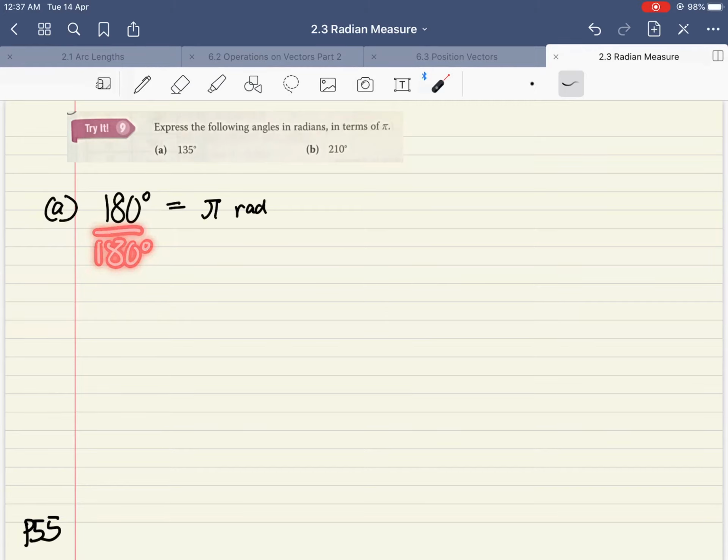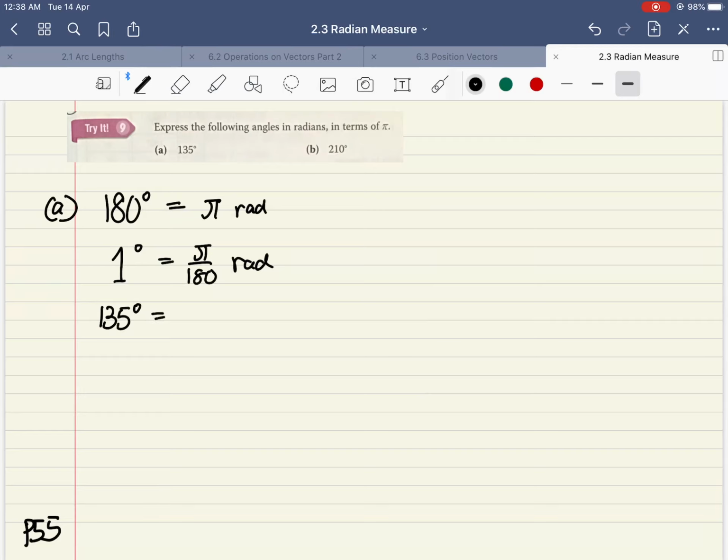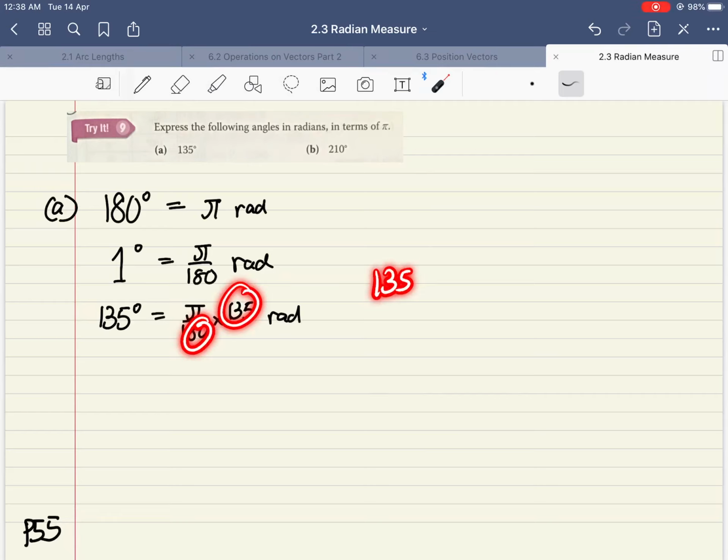If I want 135 degrees, I can find what 1 degree is. If I divide by 180 on the left, I also divide by 180 on the right. So 1 degree is pi over 180 radians. Then to get 135, I multiply by 135 on both sides. I get pi over 180 times 135 radians.